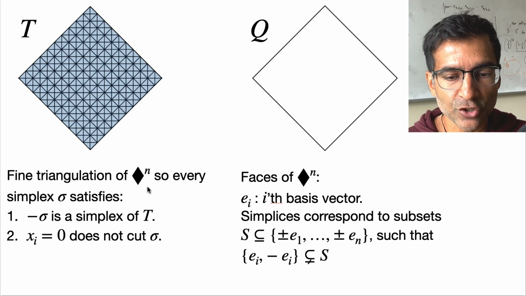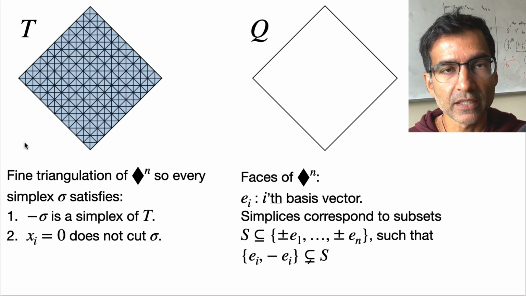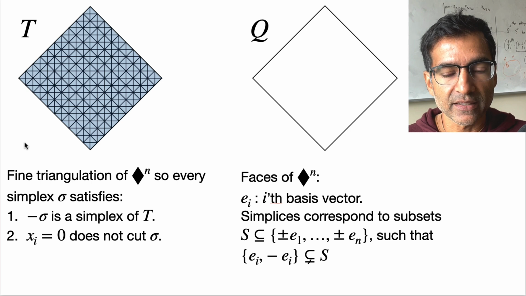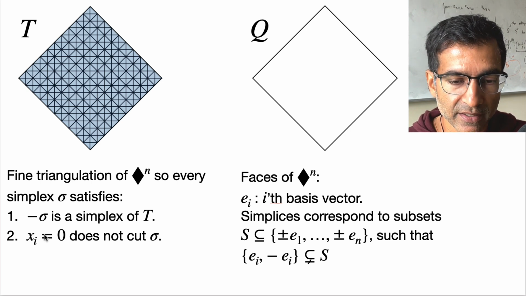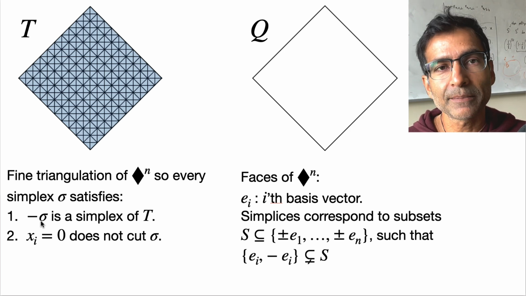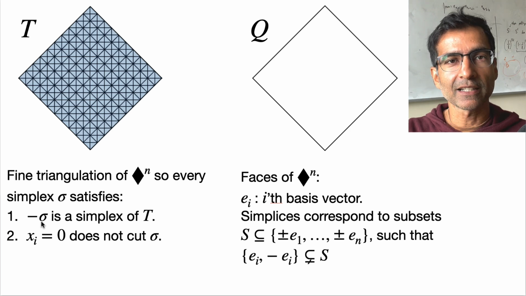So let's take a triangulation, meaning I'll partition the L1 ball into very small simplices, in such a way that whenever I have a simplex sigma in this triangulation, minus sigma will also be a simplex of the triangulation. So the triangulation is symmetric.